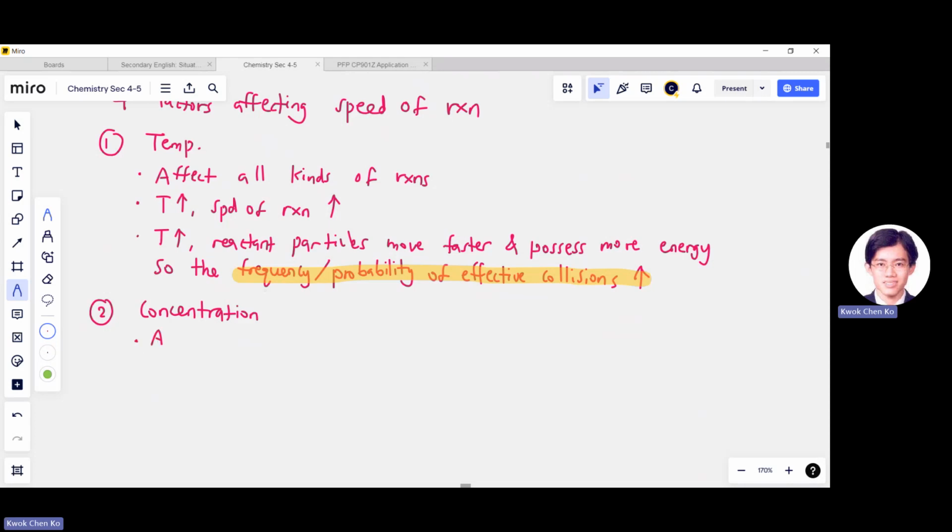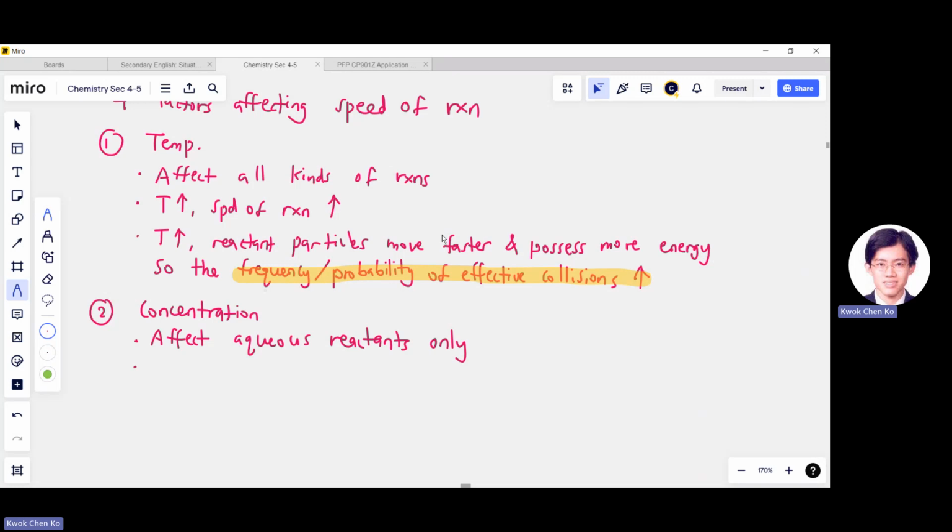It only affects certain types of reactions, only aqueous reactions or aqueous reactants. But they may give you some funny examples that don't involve aqueous.